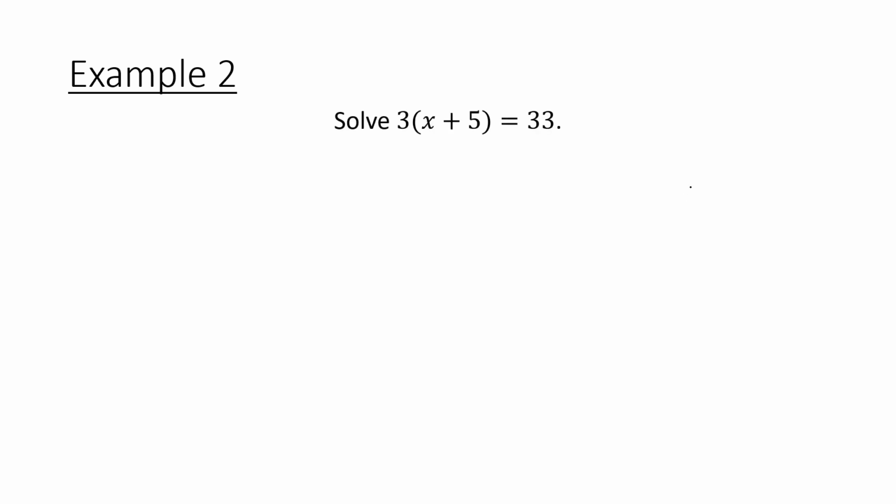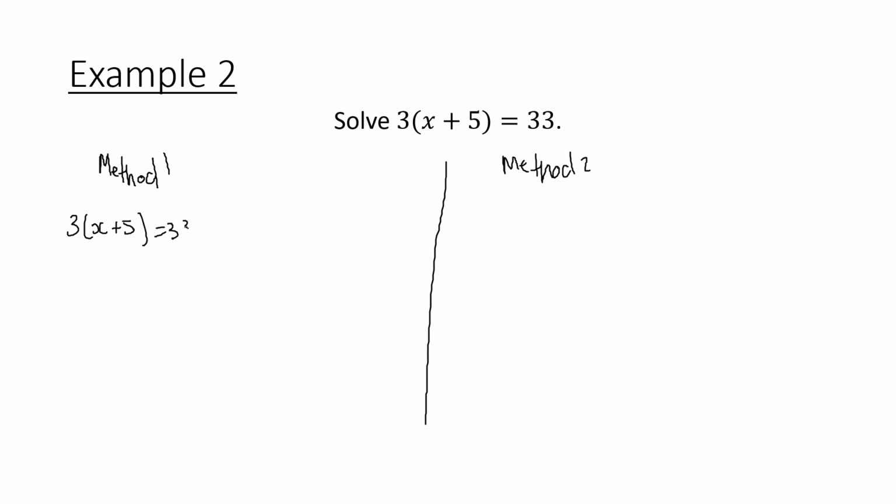Example 2. So we've got solve 3 in brackets x plus 5 is equal to 33. So again, I'm going to do both methods so that you're able to do both. Method 1 and method 2. So method 1, you've got 3 and then x plus 5 is equal to 33.